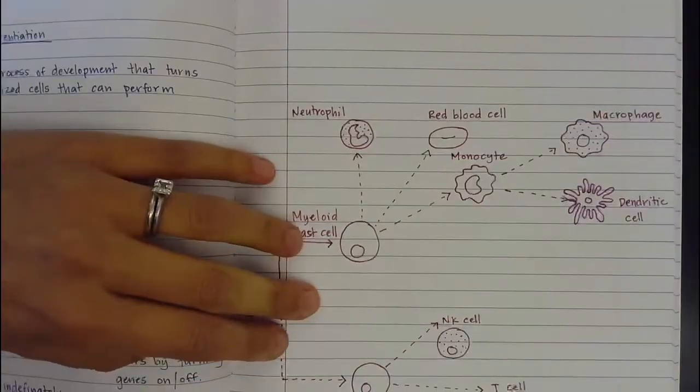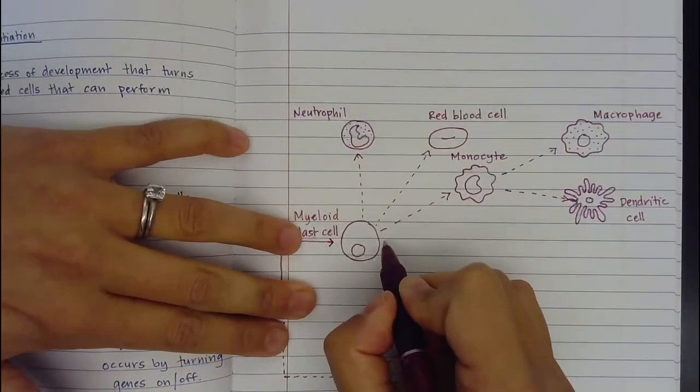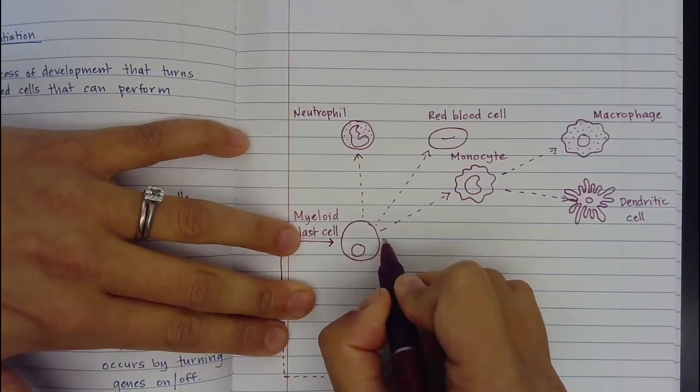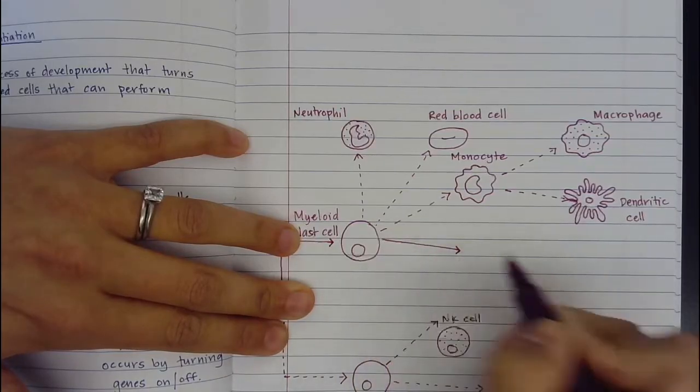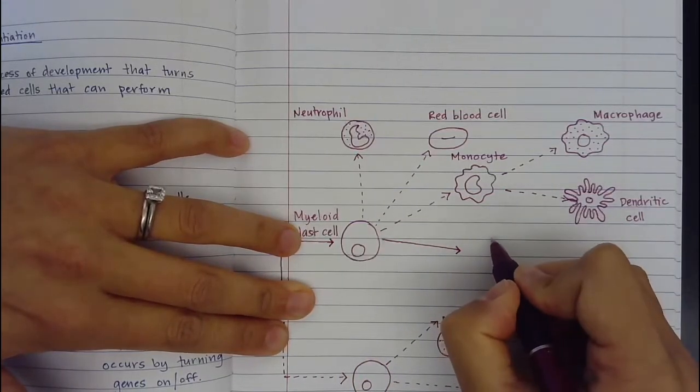And then the pathway that we are actually going to follow, so we're pretending that our cell actually turned on the genes to become a megakaryocyte.